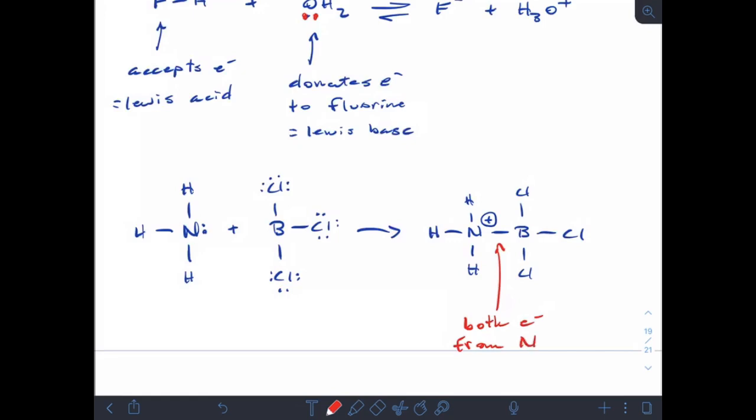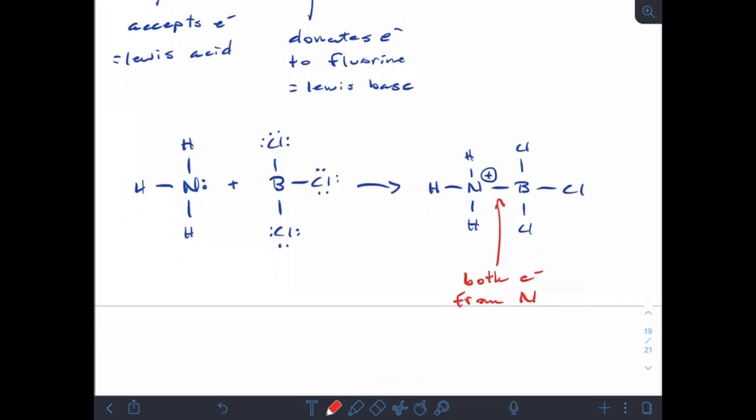Right? And we can identify the ammonia as the Lewis base because we have lone pairs. Right? So the ammonia is the Lewis acid.